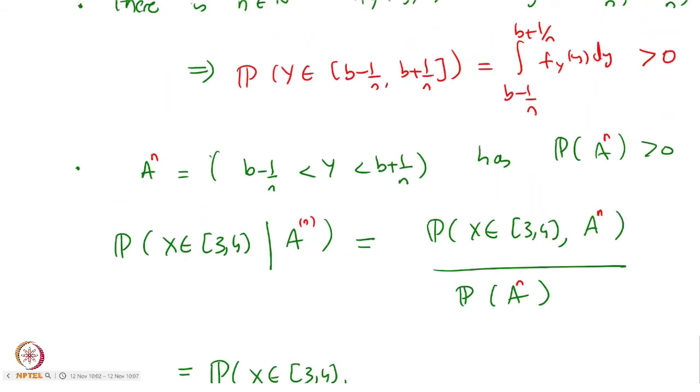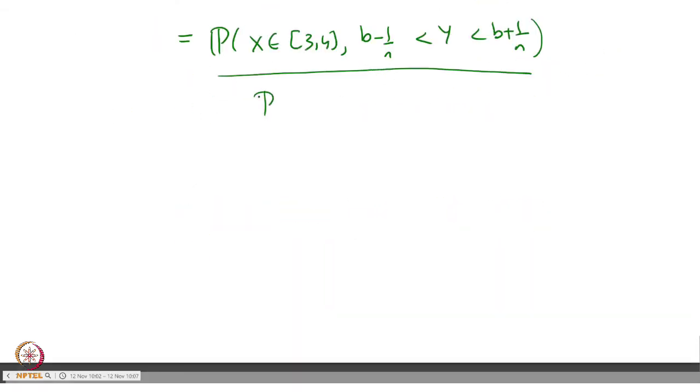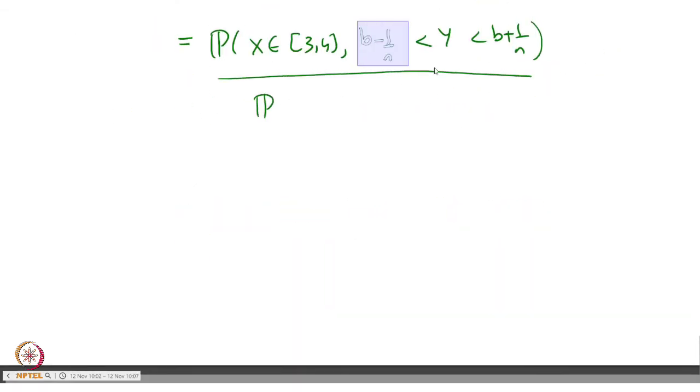And this event here, A, is just this event. So I'll just copy this and duplicate it right here. That's A sub n, right? And divided by the probability of A sub n, which is the same as, and duplicate this again. And that's exactly what I have.